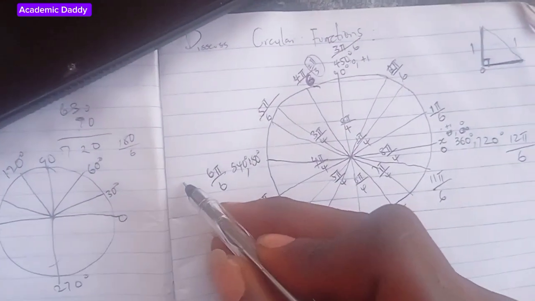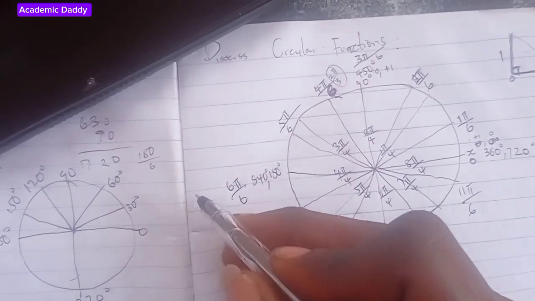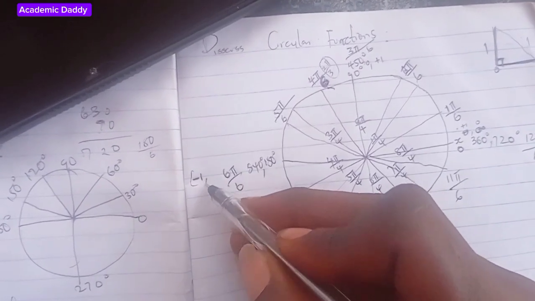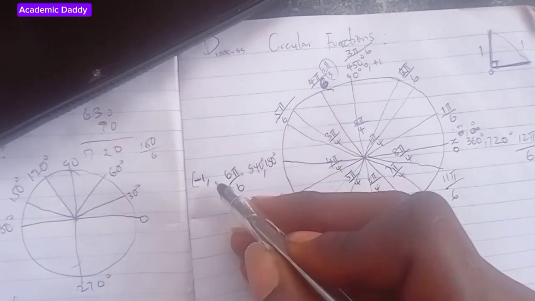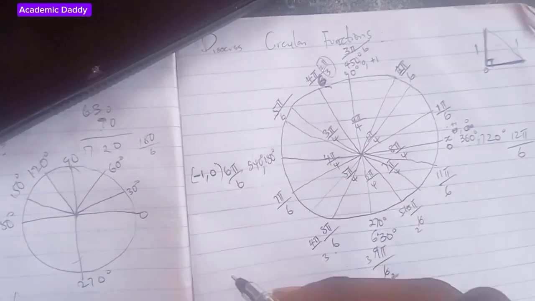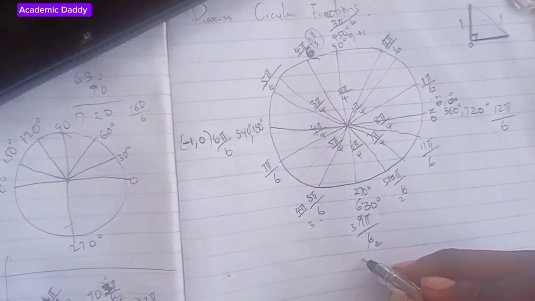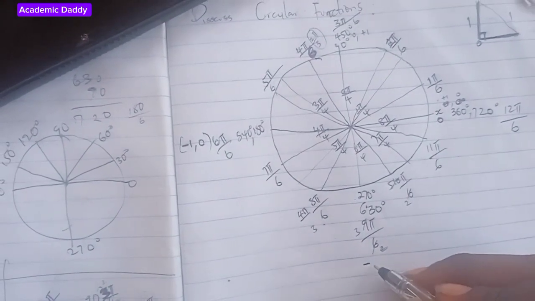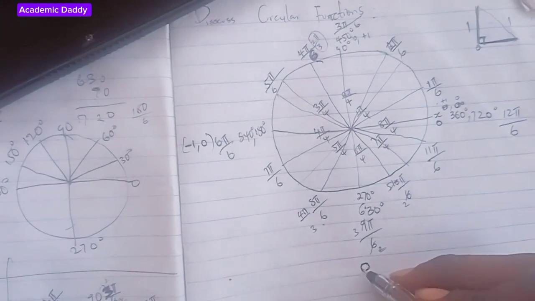So here x is negative. So you have minus 1. Then you have no y here, so 0. Then down here you have minus, sorry, you have 0x.